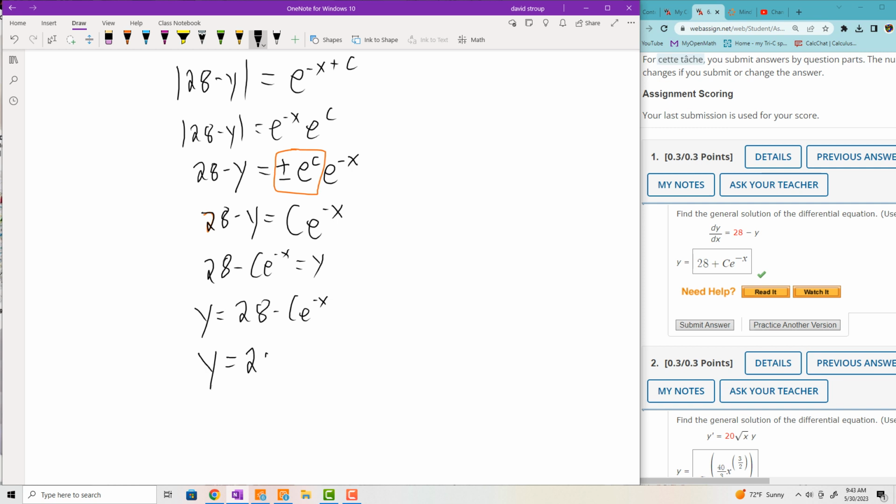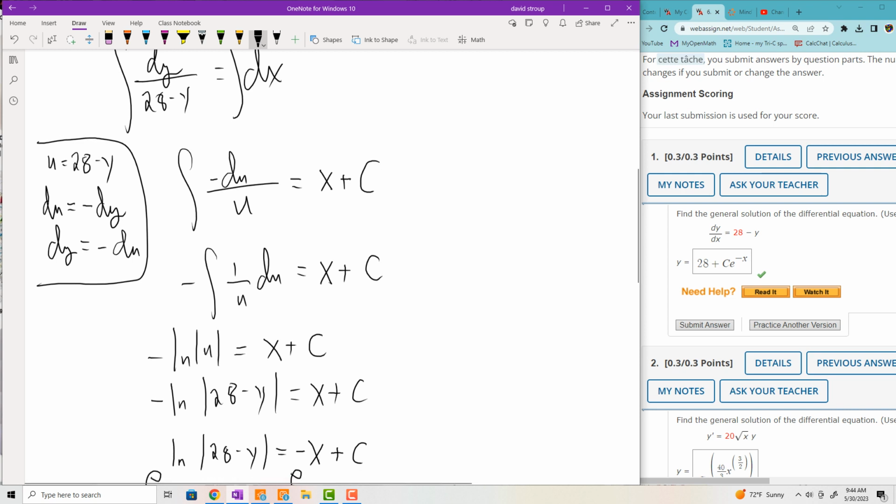So let's rewrite this as 28 plus C e to the negative x. In the homework, it's not going to matter if you put a minus or a plus in front of it, but just in general, the way we write it, we let the constant absorb that negative. Okay? And that will be your solution to the differential equation.